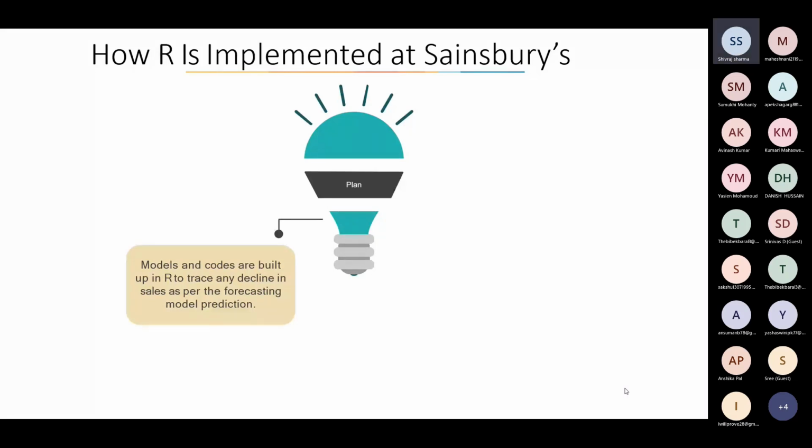So the forecasting models are created in R, and as per those models, the predictions trace whether sales are declining or up to the mark as forecast. So those models and code analyze whether sales are declining or stable. What will be next?